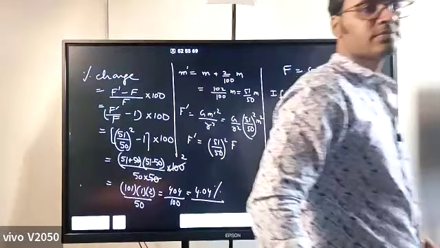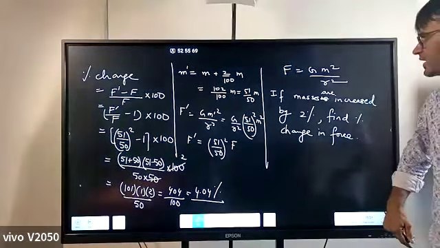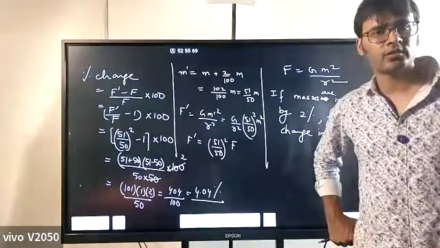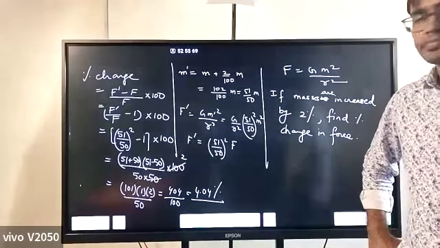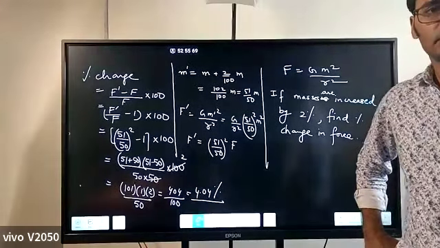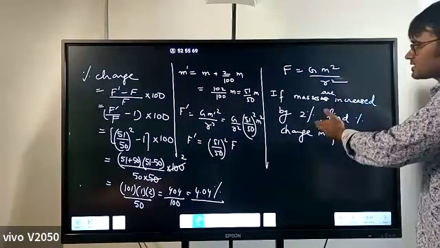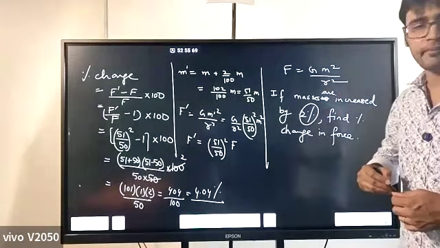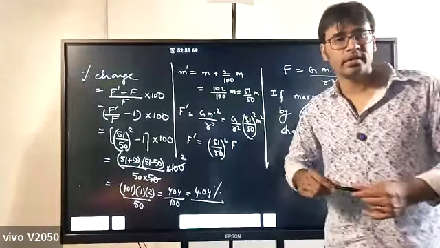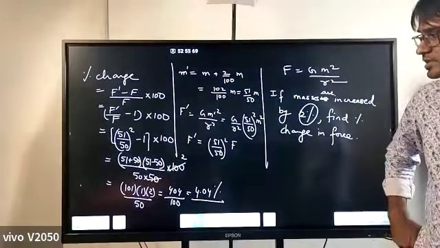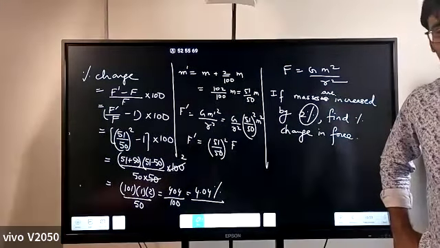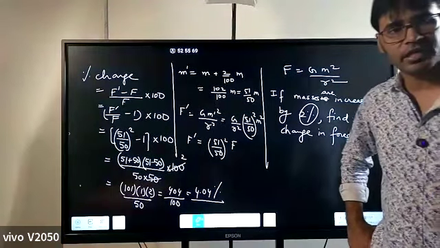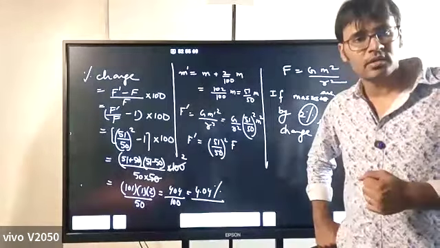All of you are getting this. Some students are getting 40%. How is 40% possible? You think yourself, if mass is increased by 2%, force cannot increase by 40%. Many students are reporting the answer as 40%. I hope Sirisha is getting this answer.